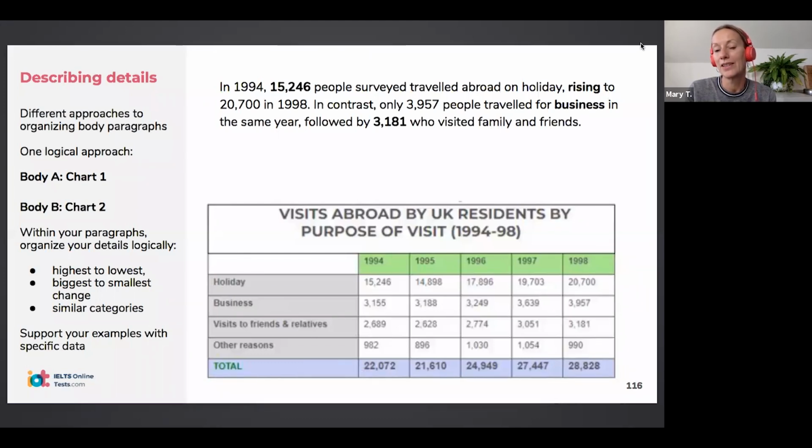That's right. So as you can see, we're just going through the table, going down the rows. And I guess it helps that the numbers are going down, so it's quite an easy table to discuss, really, because the information is fairly logical.